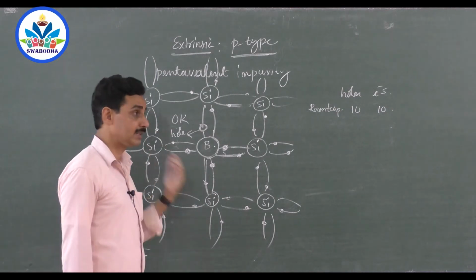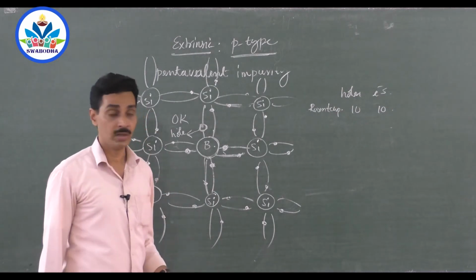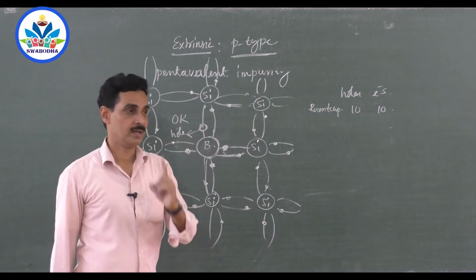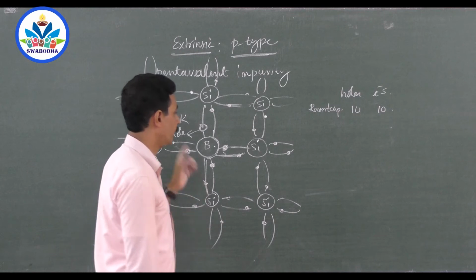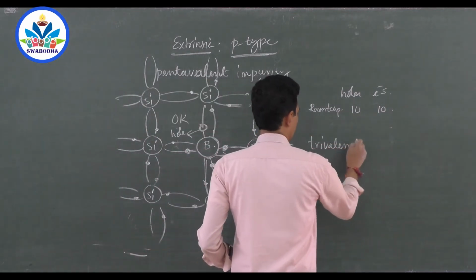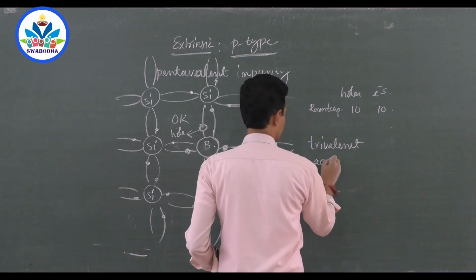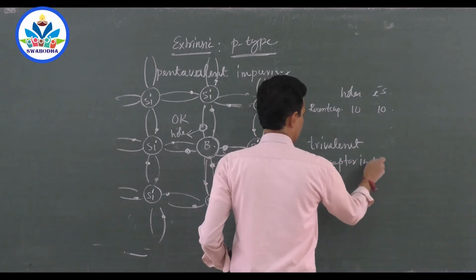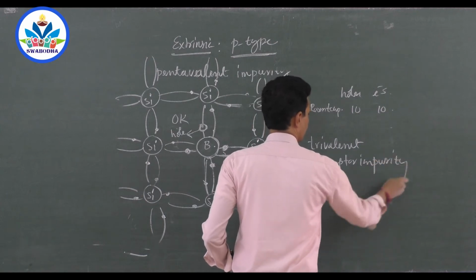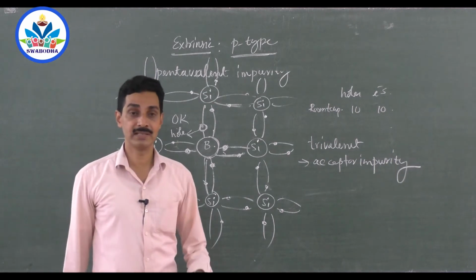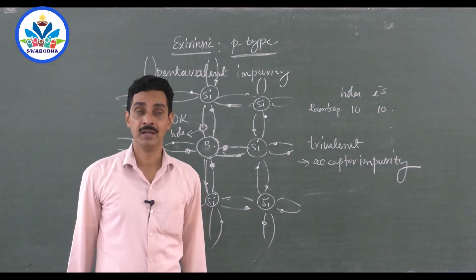Since each boron atom creates one hole, to complete all the bonds it needs 1 electron. So boron or a trivalent impurity is called acceptor impurity, because it wants to accept 1 electron.